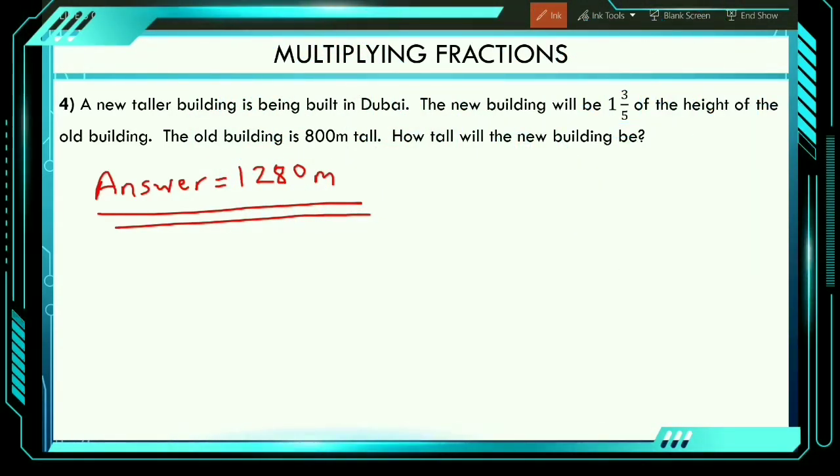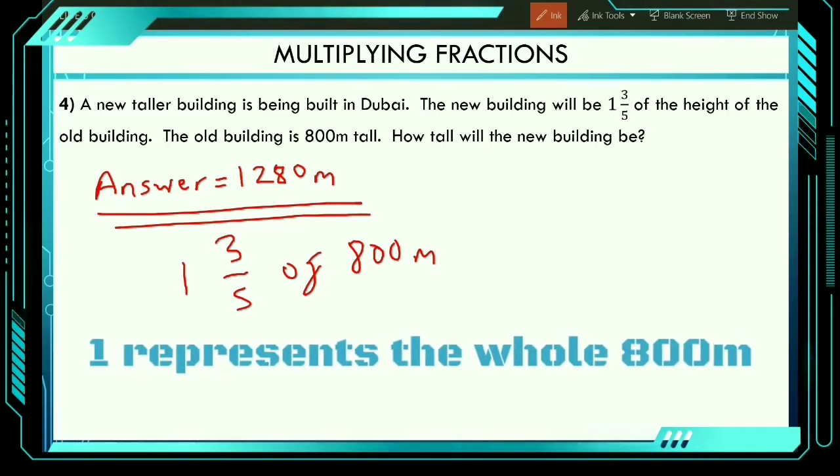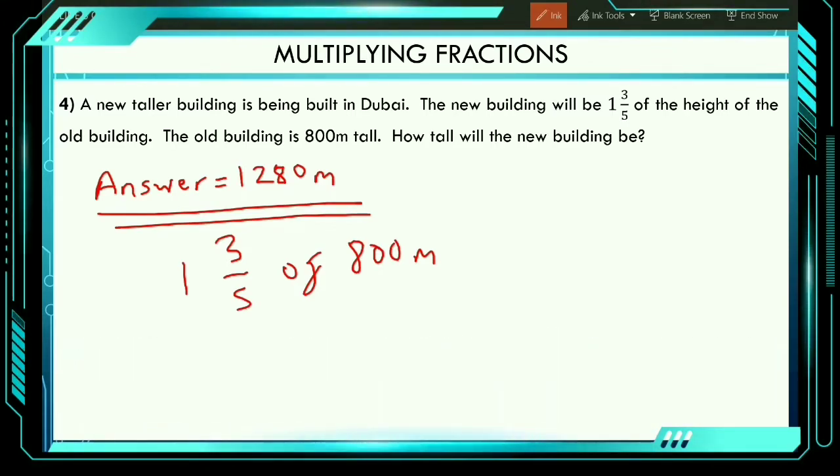So for example, when we say 1 3/5 of 800 meters, what that actually means is the 1 means that is 800 meters. The new building is 800 meters. However, it is also plus an additional 3/5 of 800.